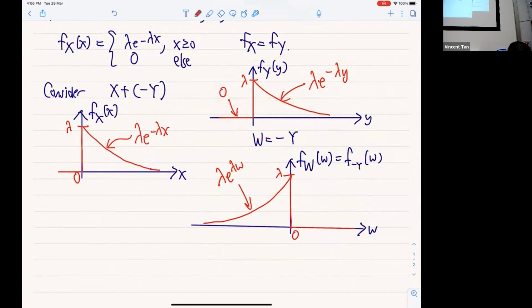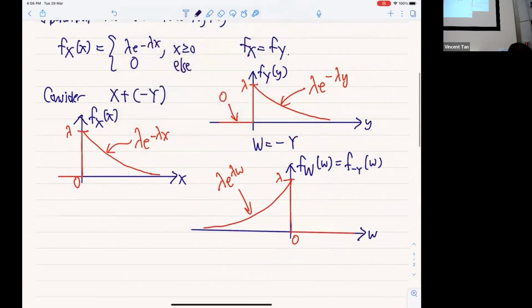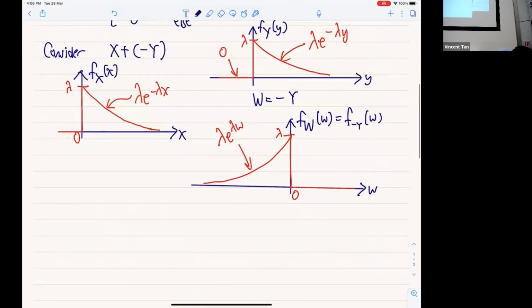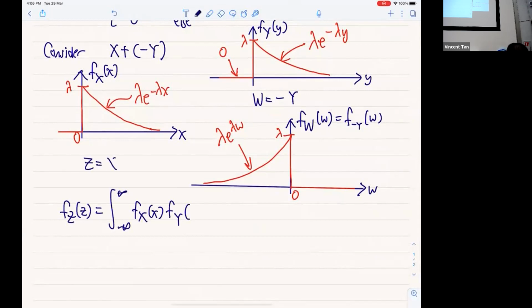Okay, so now we are going to implement the formula given by convolution. We want f_Z(z), which is the integral from minus infinity to infinity of f_X(x). Now this is f_Y, but we are in the business of Z equals X plus minus Y, so this should be the density f_{-Y}(z minus x) dx.